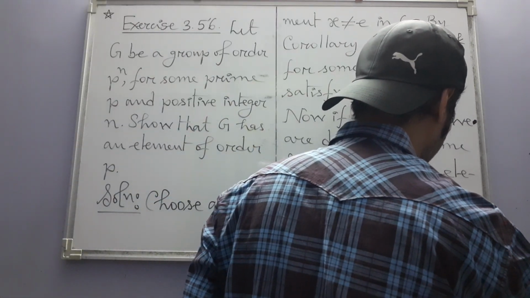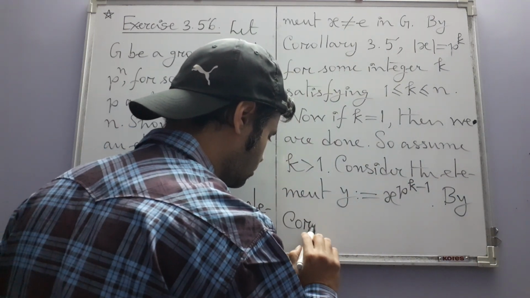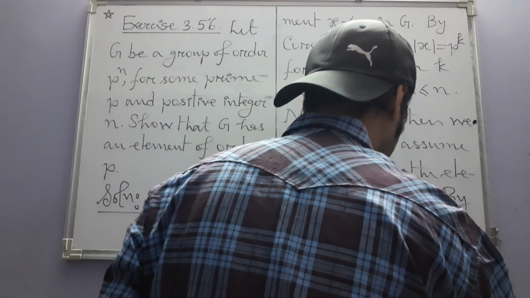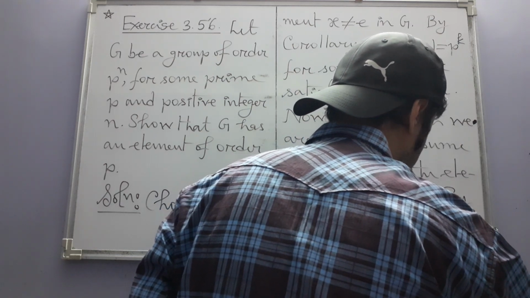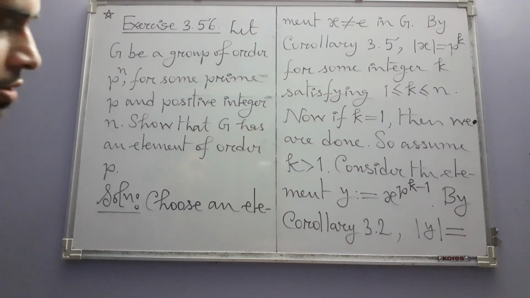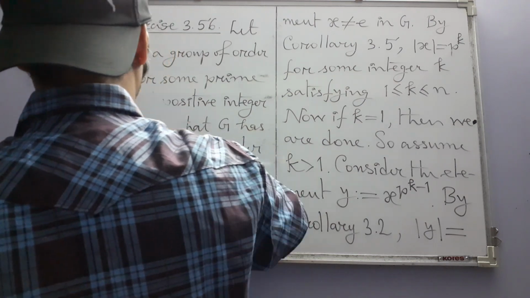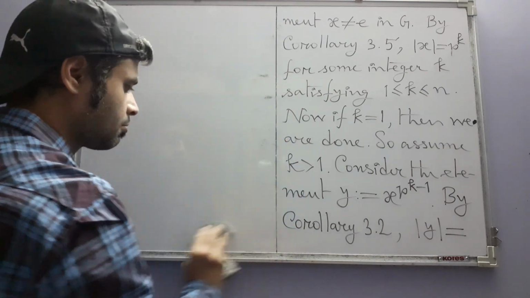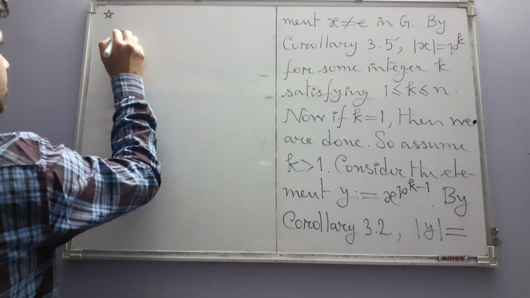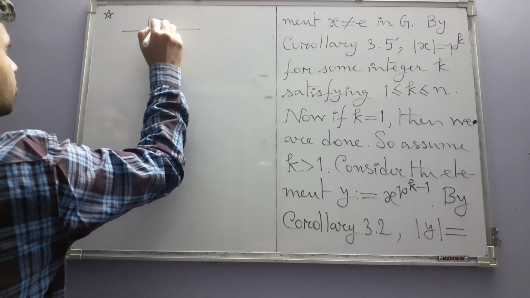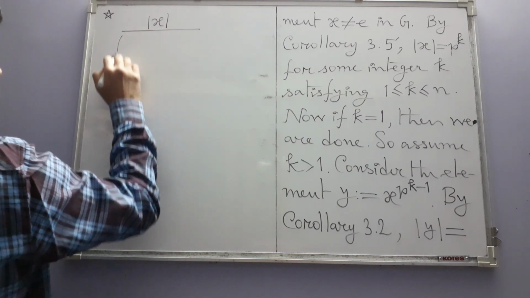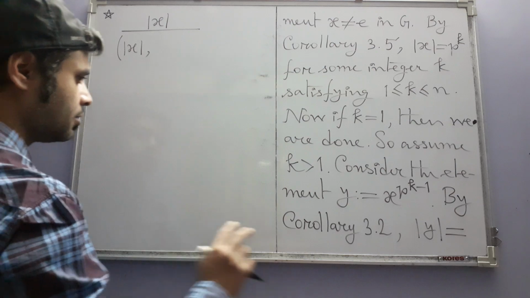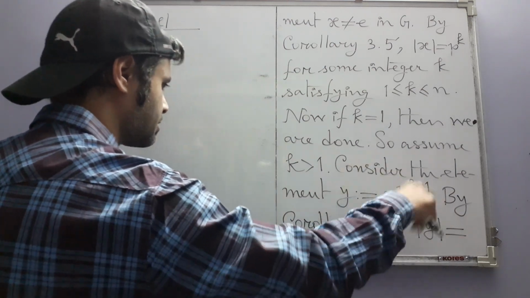So by corollary 3.2, the order of y is equal to the order of x divided by the greatest common divisor of the order of x again and this exponent, which is giving us the power of x.